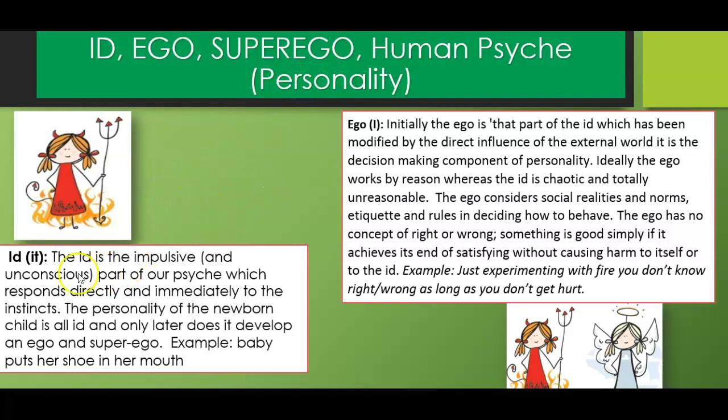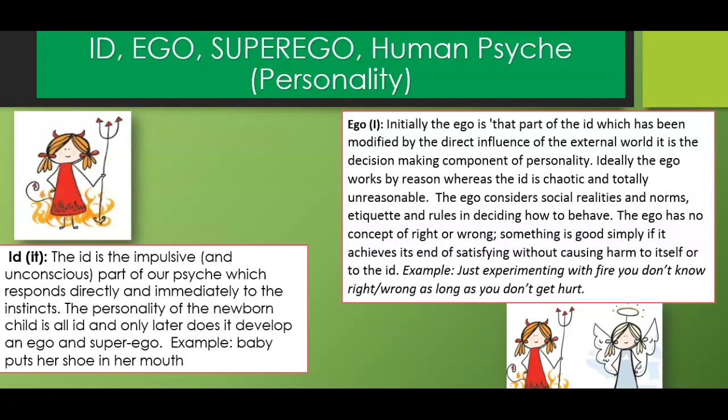So the first one that we're going to talk about is the id. A lot of times you will see the id, the ego, and superego in marketing. I think Dove used to have the devil on one shoulder and the angel on the other shoulder.